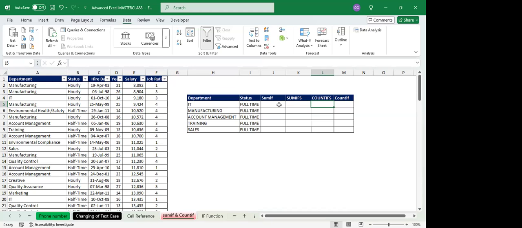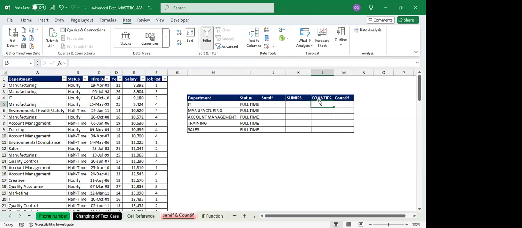So I want to do a sum with a criteria. In a situation like that, when you want to perform an operation and that operation has a criteria attached to it, if the operation you want to perform is a sum and it has one criteria attached to it, then we are going to use sumif. If the operation is a sum and you have plenty criteria attached to it, then I'm going to use sumifs.